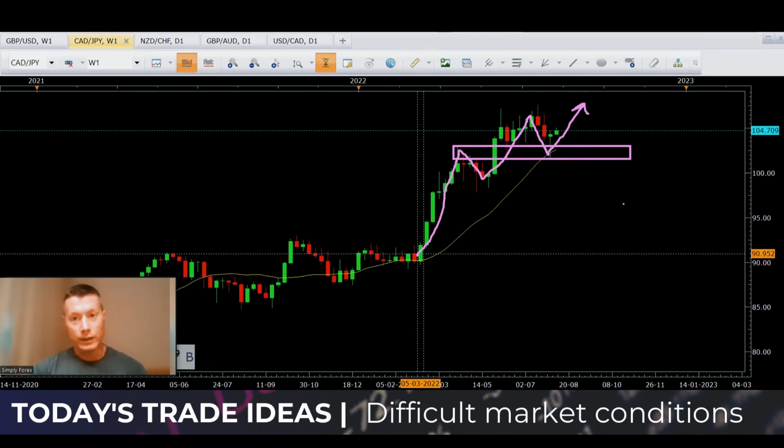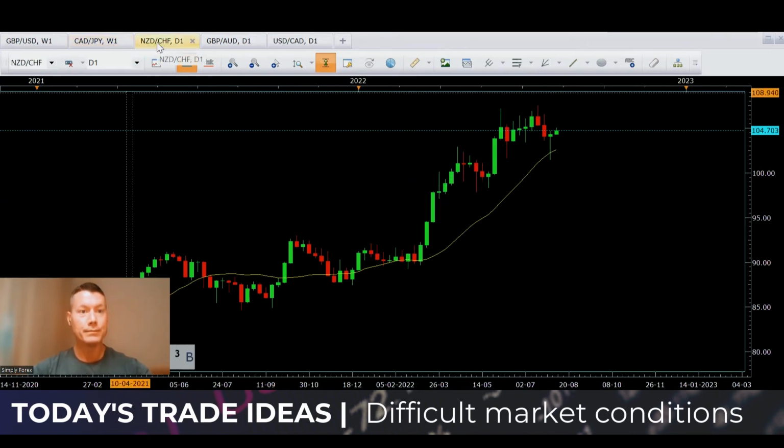So again, guys, we've got this weekly, daily battle, and until we have a clear winner, I cannot enter these pairs. Canadian dollar, Japanese yen, again, another good example of how screwed the markets are. And this is the same with all the yen pairs, pretty much.